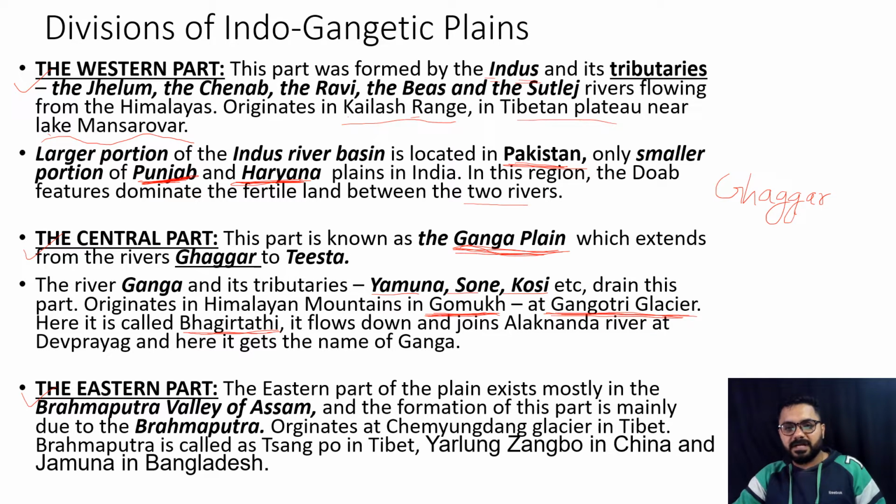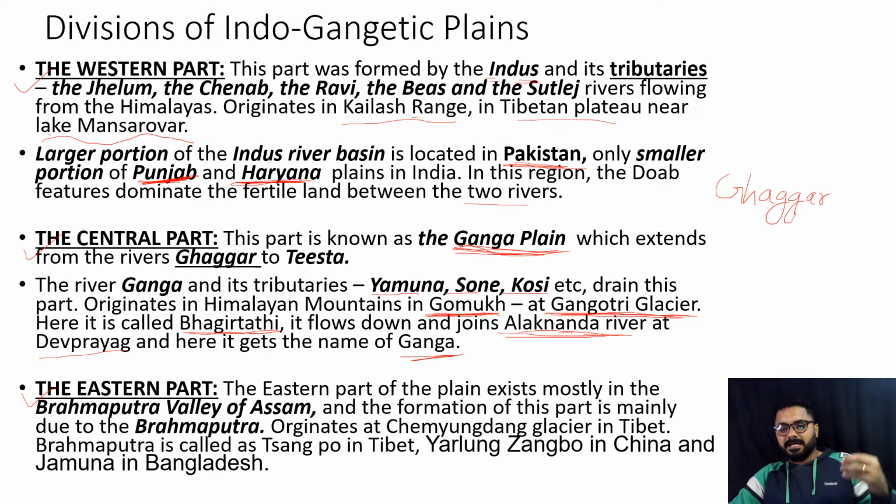It flows down and joins another river called Alaknanda at a place called Devprayag. This is the place where the river gets its actual name. The name Ganga does not come from the place where the Gangotri glacier is melting.